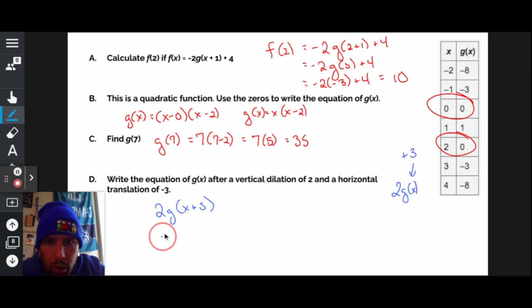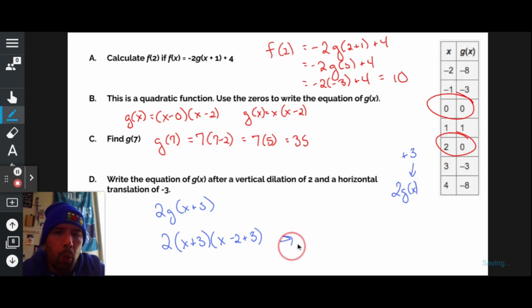So 2 times g of x plus 3 is going to be x plus 3 times x plus 3 minus 2. I'm replacing every x with x plus 3. So x plus 3 minus 2 if I were to go in order. But what that's going to end up being is 2 times x plus 3 times x plus 1.